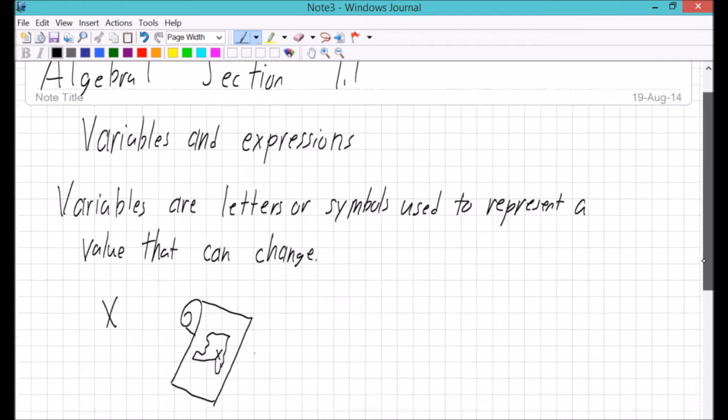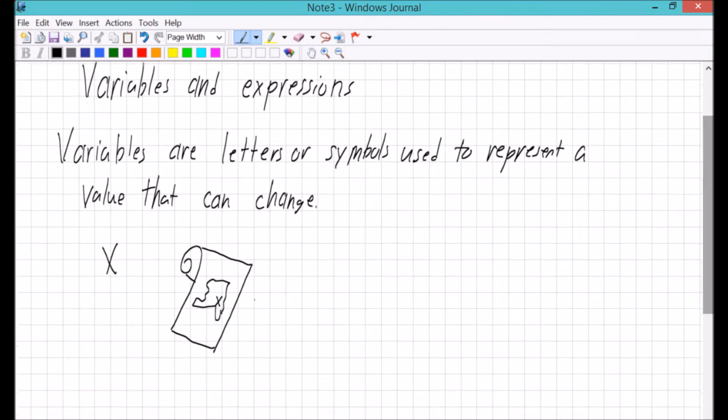So the big X would change locations, and so the X was a variable. Other very common variables are the letters Y and Z, and of course, Mr. O'Neill's personal favorite, the smiley face, because we really do need to see more smiley faces out there, especially when it comes to math.